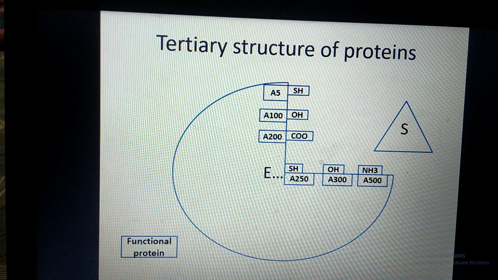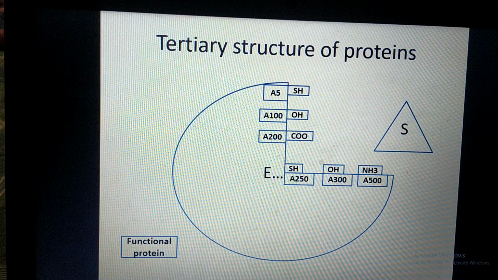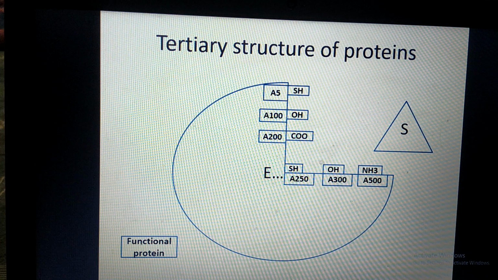If you see this number, A5 means the fifth amino acid, A100 means the 100th amino acid, A300 means the 300th amino acid in a polypeptide chain. So all these amino acids have come close to each other at the active site with their functional groups, and this is possible in the tertiary structure of proteins. Therefore, the tertiary or three-dimensional structure of a protein is a functional protein.